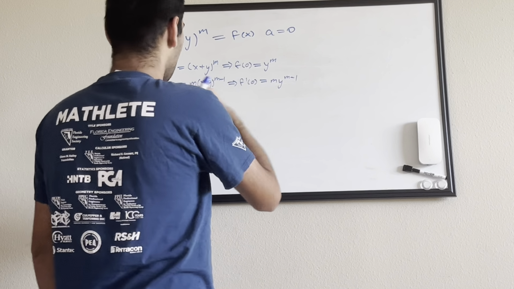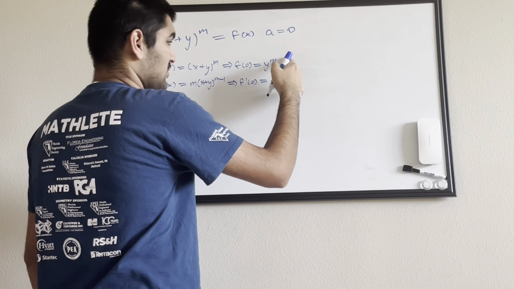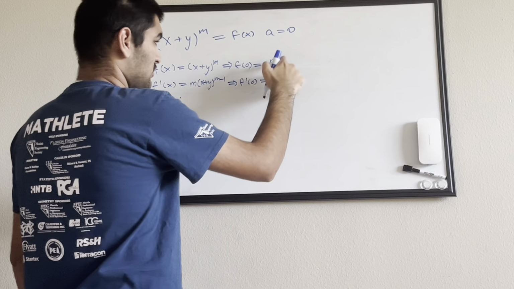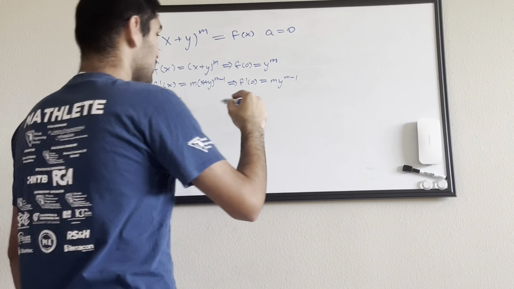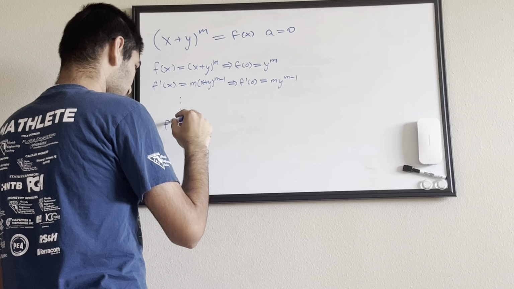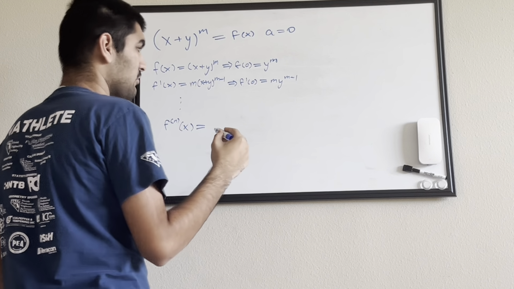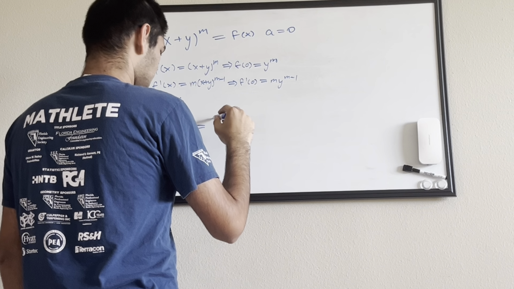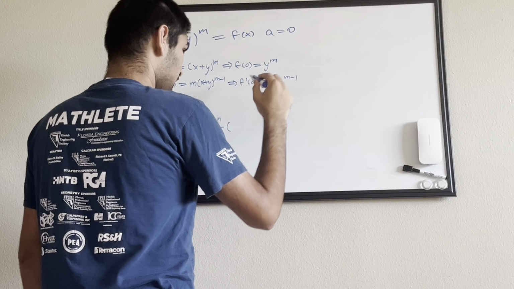When n is equal to 0, you're taking the 0th derivative, essentially just the function. Then you take the first derivative, and it just keeps going like that. So the general rule is that the nth derivative of f of x at 0 is the same thing as the nth derivative with respect to y of y to the m.